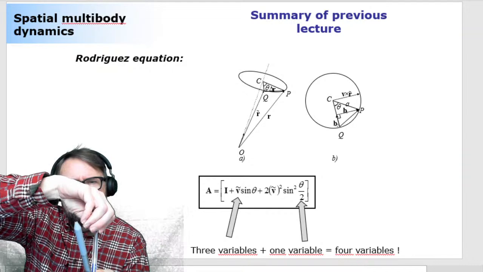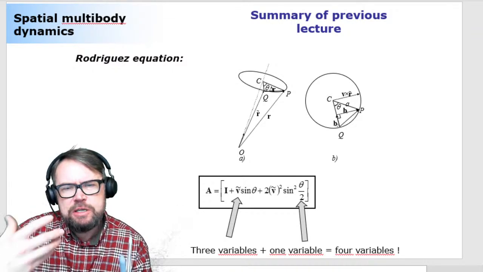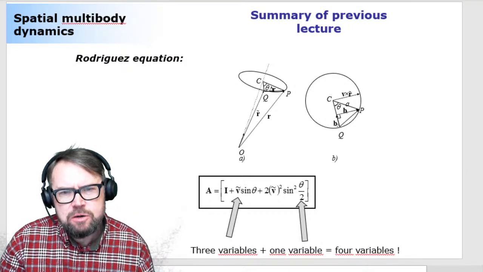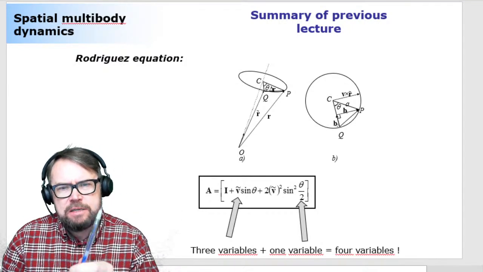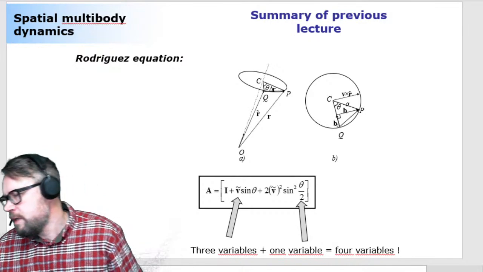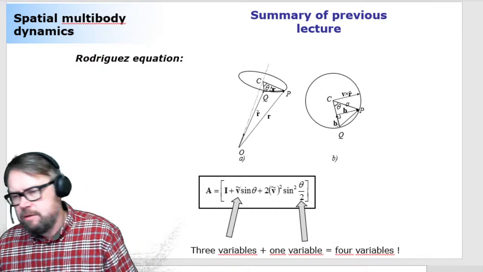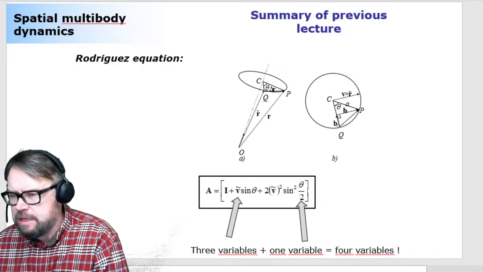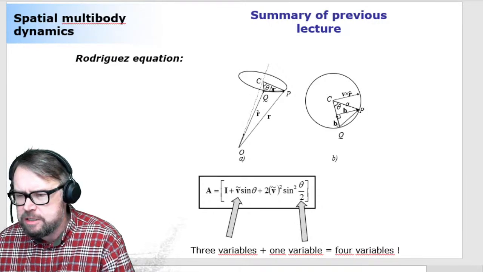Because of this procedure, you end up having parameters that are associated to this unit vector v. And the unit vector v here is expressed in a skew symmetric form, and that's what we discussed last week.